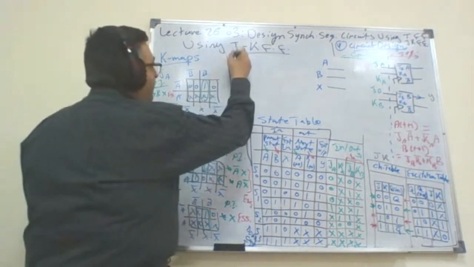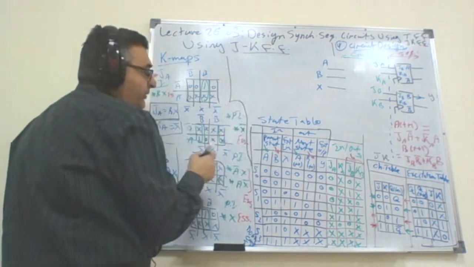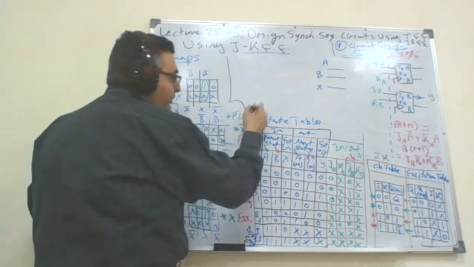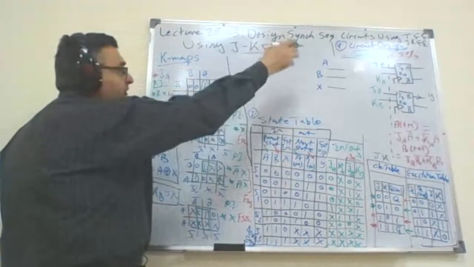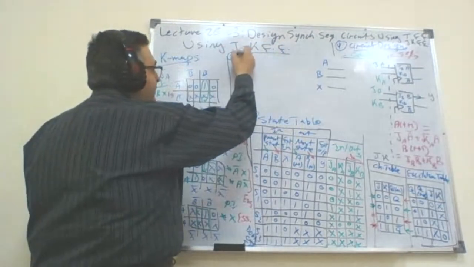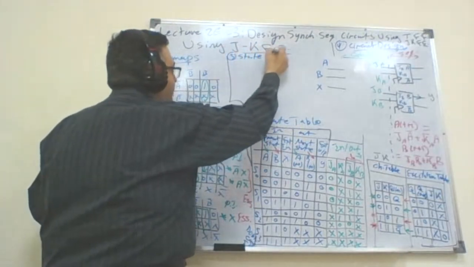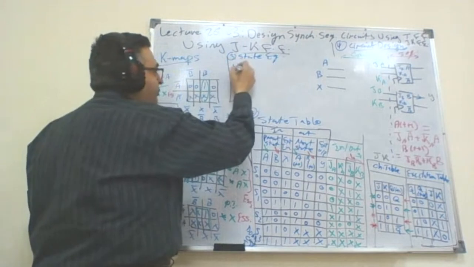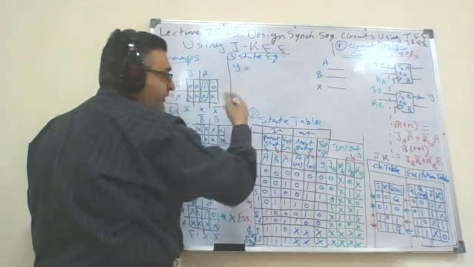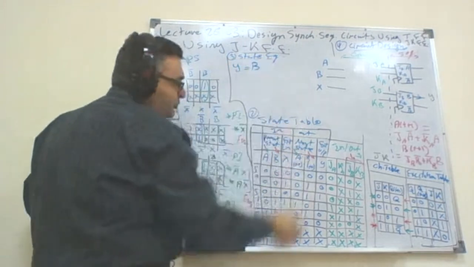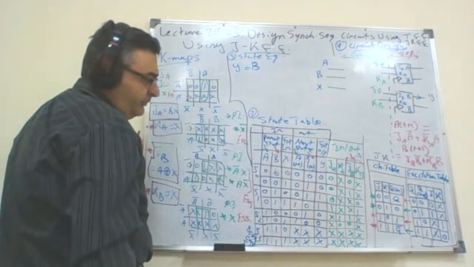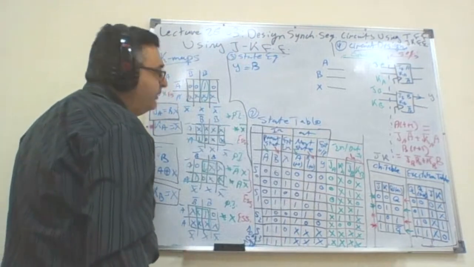Now, component, we have the state diagram. This is the state table, and here is the circuit. The third is the state equations. The first equation, which we didn't derive in this lecture, we derived in the last lecture: Y equals simply B. Okay, agree?